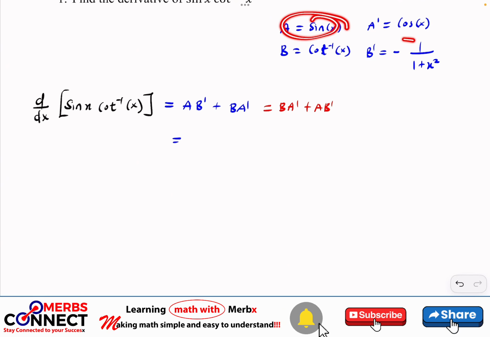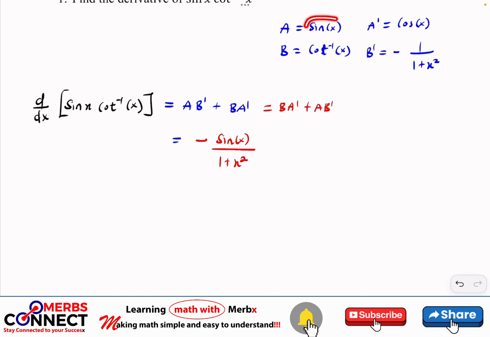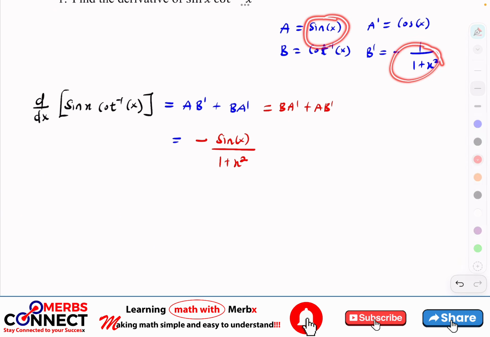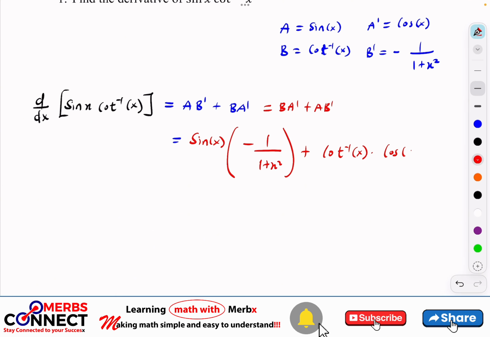So a times b prime is going to give us minus sine of x divided by 1 plus x squared, right? So I just multiply this one by this. If you are not seeing what I'm doing here, then this is basically this. So this is sine of x times minus 1 divided by, so let me put this one in parentheses, plus, now I have b times a prime, so cot inverse of x times cos of x.